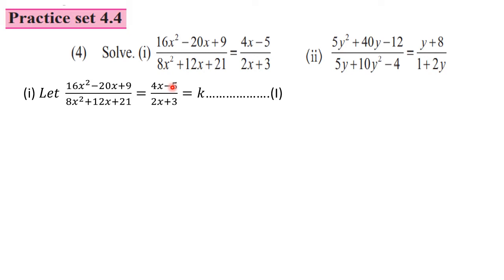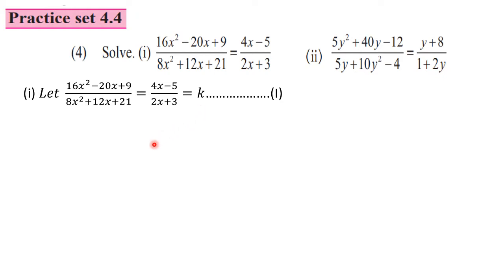First of all, we take the given two ratios as k, not as x, and number it as 1 because we need to use this statement afterwards. So 16x square minus 20x plus 9 upon 8x square plus 12x plus 21 is equal to 4x minus 5 upon 2x plus 3 is equal to k.